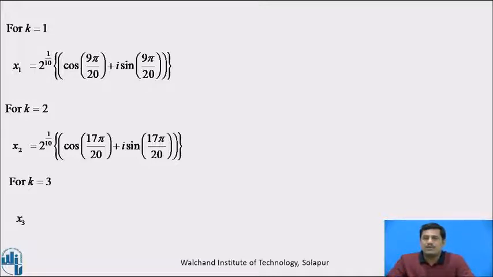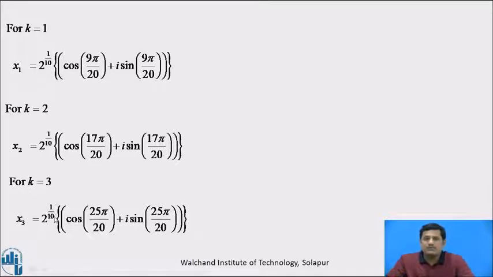Putting k equal to 3 in 8k plus 1, we get 25. Therefore, we write 2 raised to 1 by 10 into the bracket cos of 25 pi by 20 plus i sin of 25 pi by 20. And at last, putting k equal to 4, we'll get the next complex number.